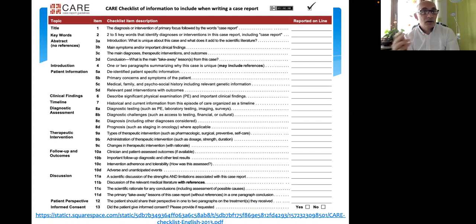They will benefit from that. You write it, convert it into a paper, and report it.